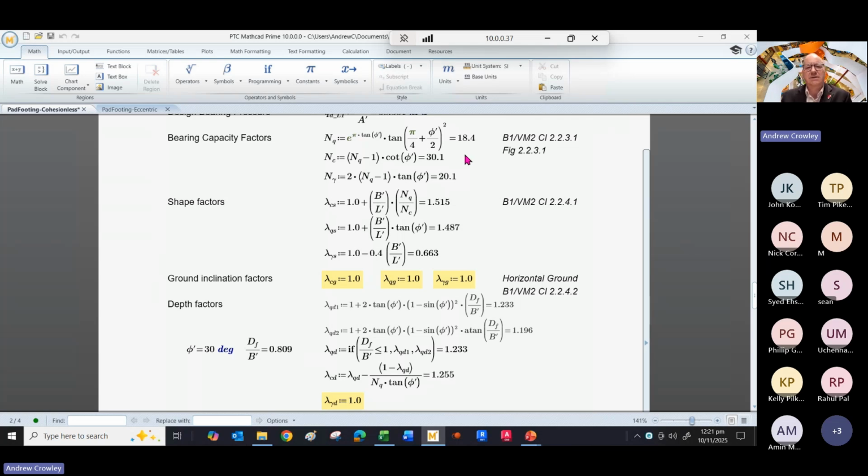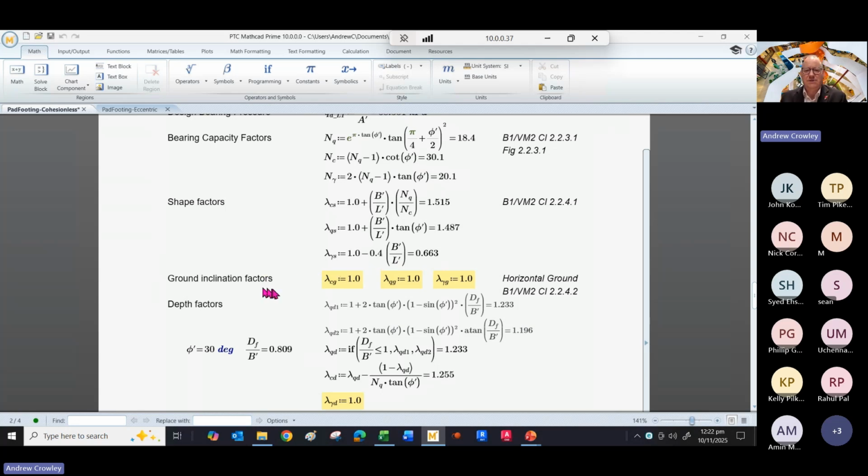And if you want, check it against the diagram in the code. So we have NQ, which is worked out as 18.4, NC is 30.1, and N gamma is 20.1. So here are the calculations for the shape factors. Lambda CS is 1.5, lambda QS is 1.48, and lambda gamma S is 0.663.